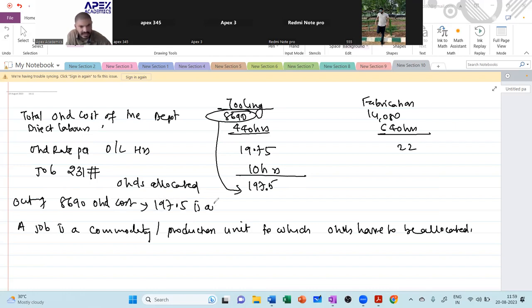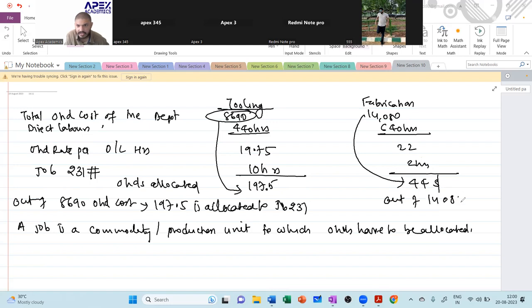Now here, job 231 in the fabricating department works for 2 hours. So here you are allocating $44. Out of how much? Out of 14080. So out of 14080, $44 are allocated to job 231.